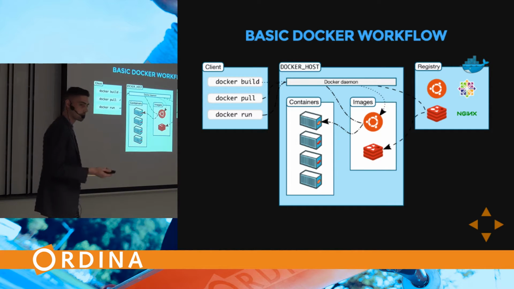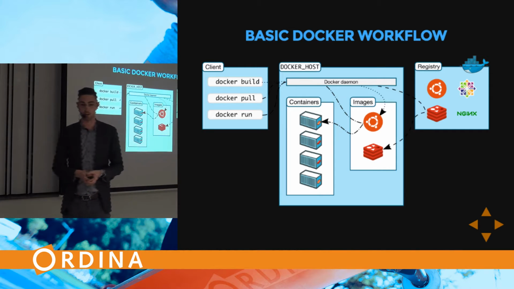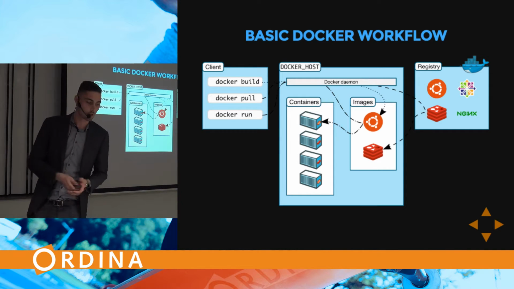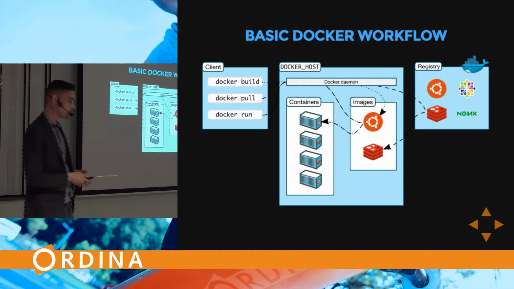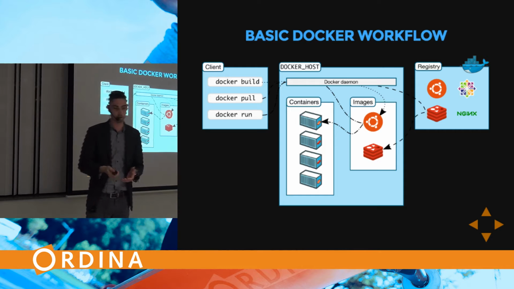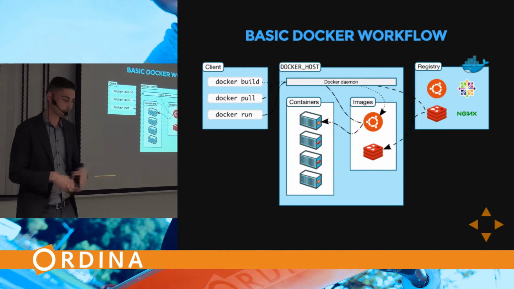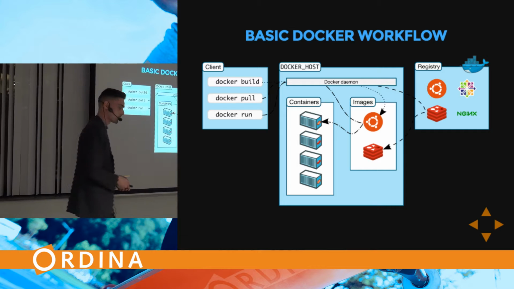And there's a registry. And the registry is like the repository that contains the images. And images are like the images of a virtual machine. And when you spin up a container, it takes an image and it creates a new version of it.